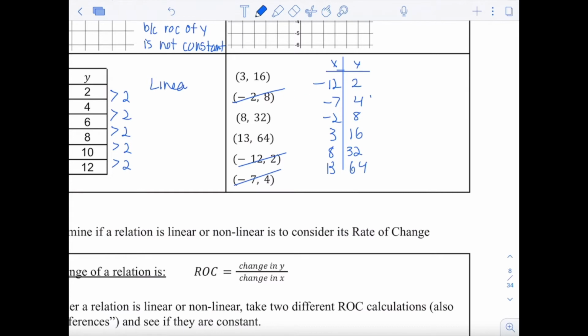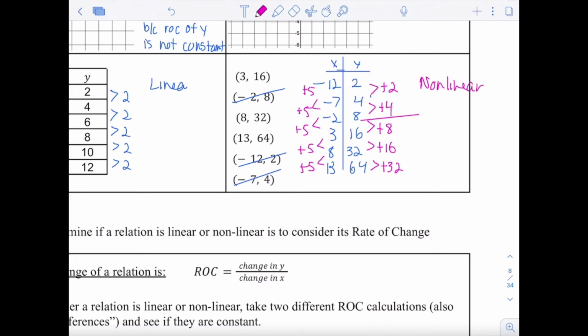So I see +5, +5, +5, +5. Yep, there's a pattern in X, and there is a bit of a pattern in Y, but it's not linear. It's not constant. I can see that it doubles every time, but what we're trying to find is the difference in Y values. So in fact, this is non-linear. And as soon as I did that first calculation, I could say that it's non-linear.